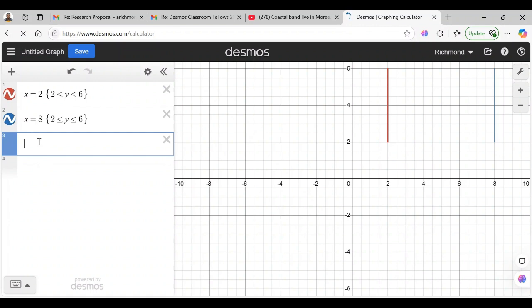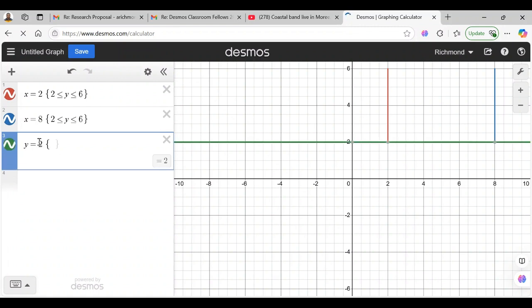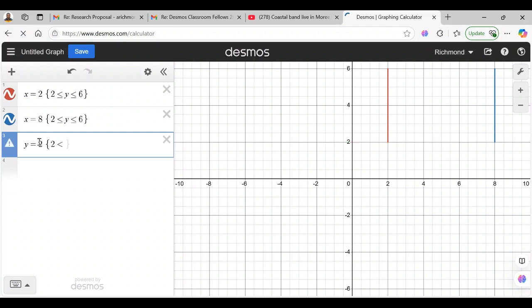I can also have another equation of the form y equals 2. We can also put the boundary conditions on x, from 2 to x less than or equal to, let's say, 8.